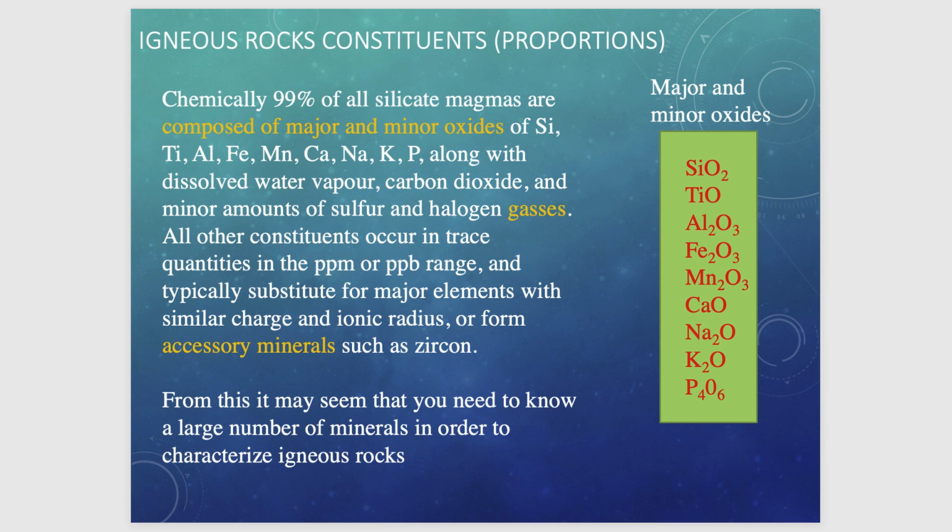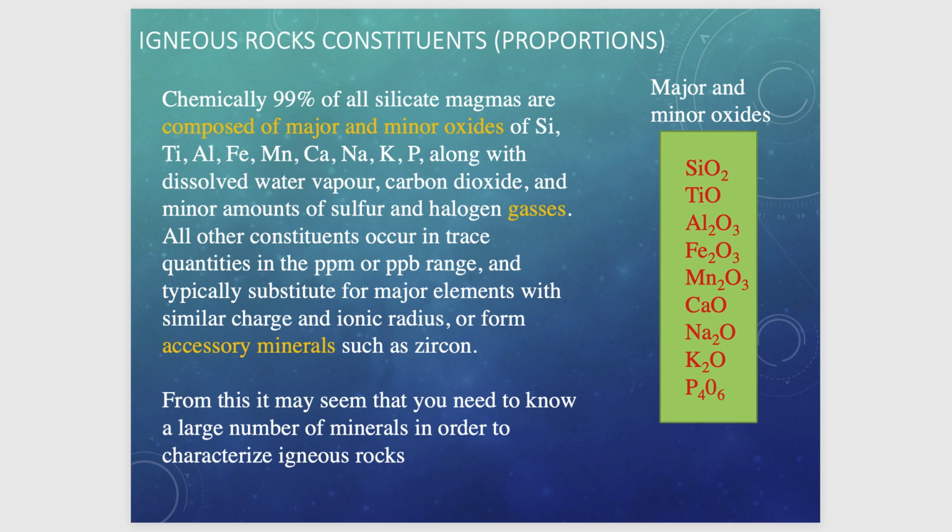There are also other trace quantities. So we discussed trace elements such as zirconium, for example, or the rare earth elements that are commonly found in these accessory minerals we mentioned, such as spinels. So the spinel family will have trace amounts of these elements.